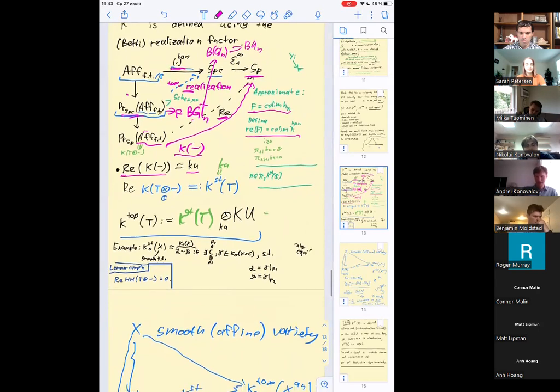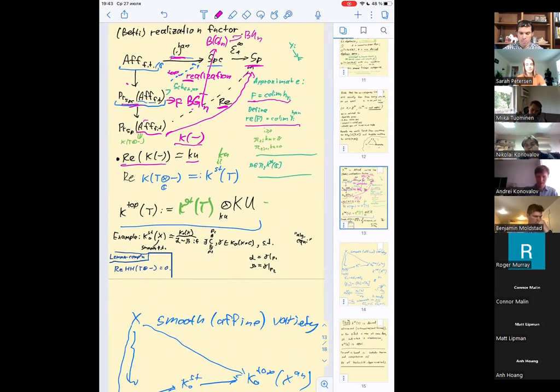And using this, one can define semi-topological K-theory of general dg-algebras via this formula. It will always be a KU-module, basically by universal properties of functors in this picture.